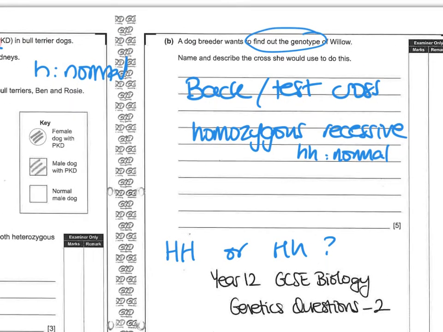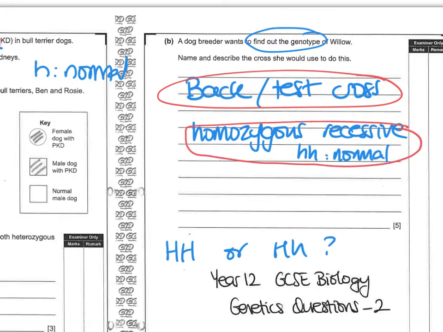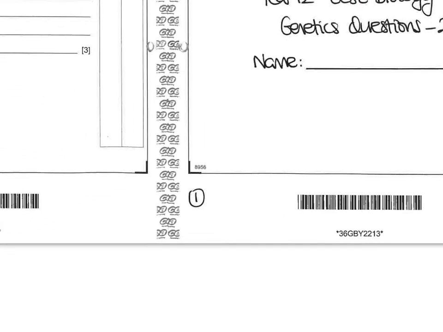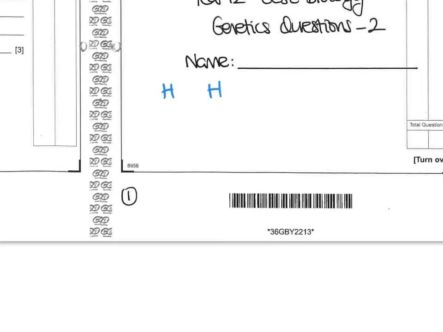So far you get 1 mark for saying back cross or a test cross, and 1 mark for saying that you cross it with a normal or a small h, or homozygous recessive. If you say Willow could be big H big H, or big H, small h, that's another mark. Now, they don't ask you to do the cross, and some of you, if you're not sure, do it.